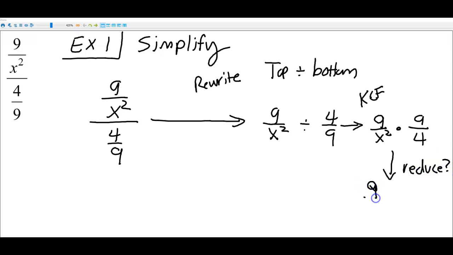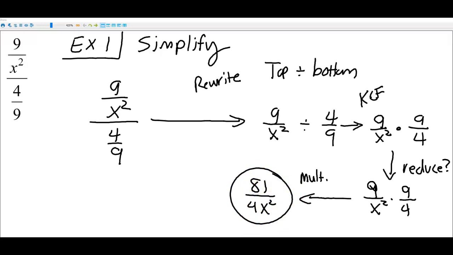Now, for this particular problem, I don't see anything that cancels out. I've got an x squared on the bottom, but that's not going to cancel any x's on the top. I also have a 4 on the bottom, but that's not going to divide into the numbers on the top. So nothing reduces. So the last thing we're going to do is just multiply together. So 9 times 9 is 81, and that's 4x squared on the bottom.